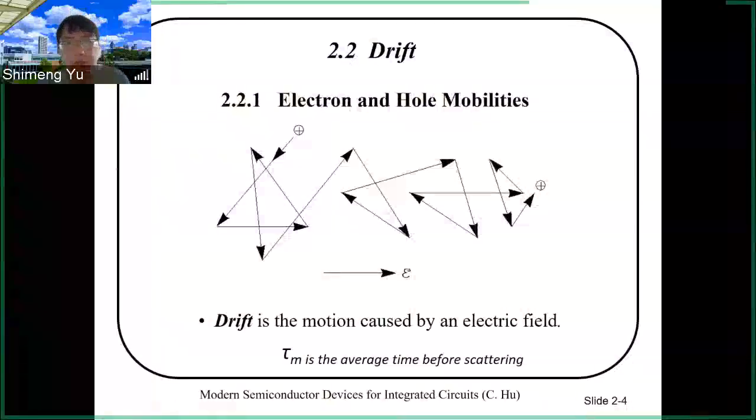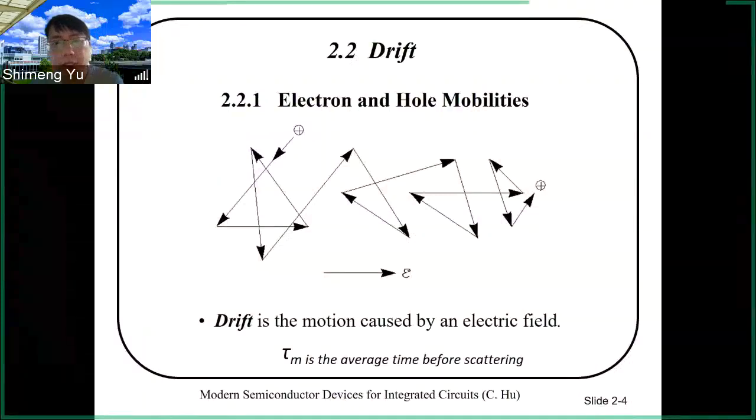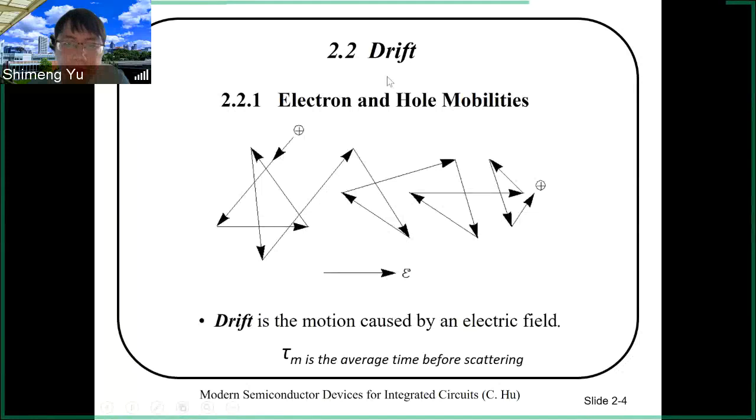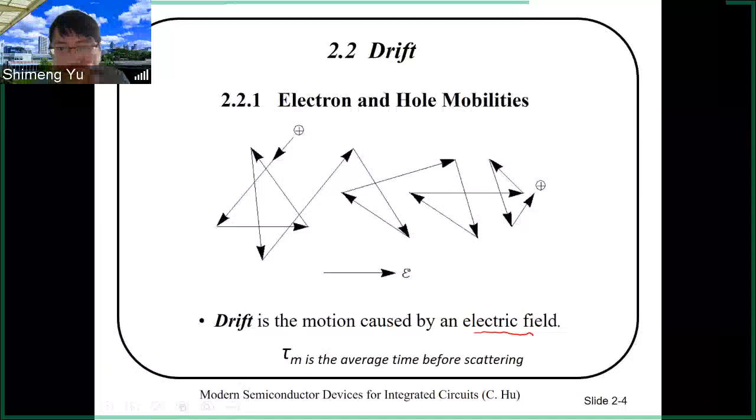Alright, so the first mechanism for the carrier to move is drift. And drift is under the electric field. Drift is the motion of the carrier caused by the electric field. In the semiconductor, we have two types of carriers. One is electron, one is hole.